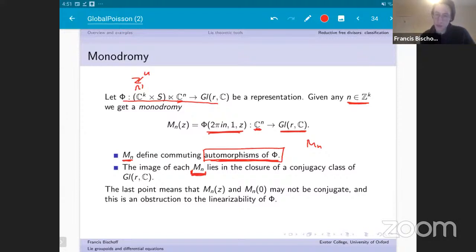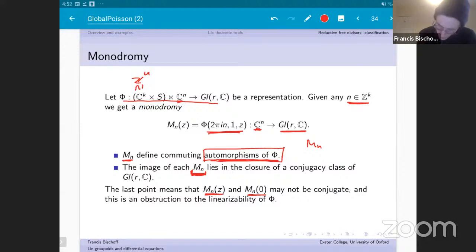And this is an important point, because it could be the case that the value of the monodromy at some point z and the value at the origin might not be conjugate. And this represents an obstruction to linearizability.